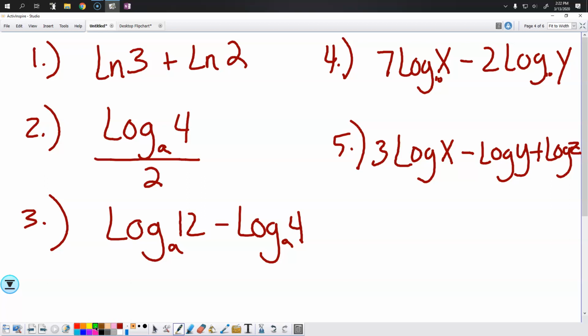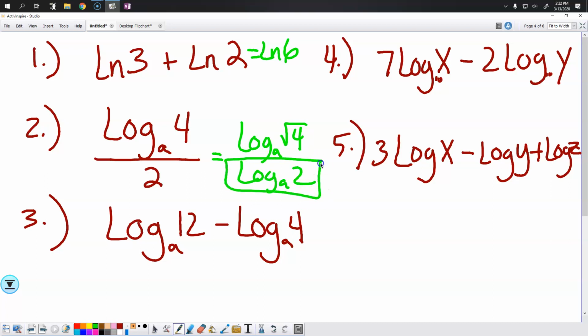All right, guys, so I'm going to put the answers up here real quick for you to check your work. Number 1, you should have gotten ln of 6. Now, number 2, I would assume a lot of you guys probably got this. And there's nothing wrong with that, but a better answer would just be to say that, because the square root of 4 we know, right?